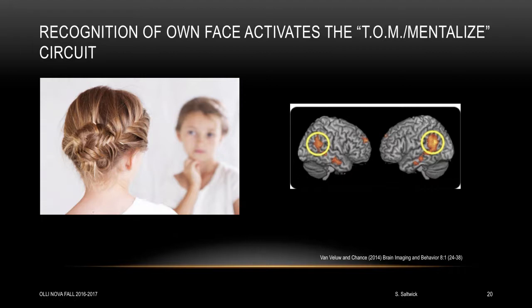An intriguing result is that the recognition of your own face activates the theory of mind network. Now, my interpretation of this effect, and it's speculation on my part, is that one's brain is reflecting on itself as another brain. This kind of processing by your brain may be impactful in the construction of a conscious experience, for it is the brain being aware of itself.